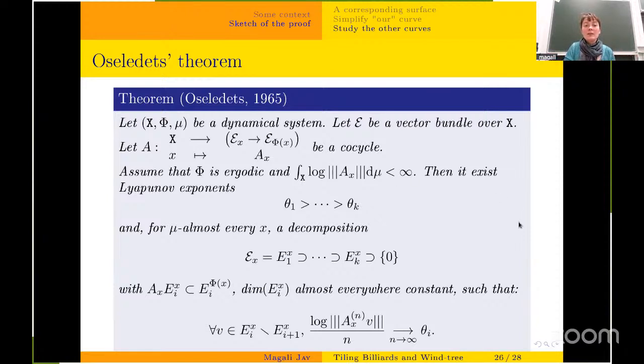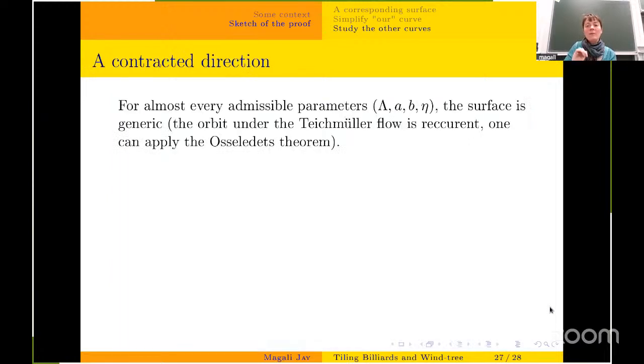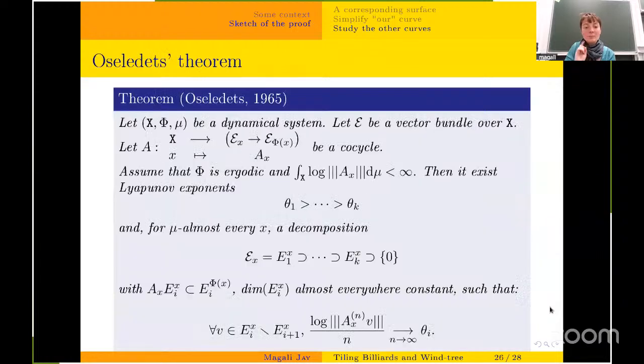And so this theorem tells us that this direction we were looking for exists. This is the direction in the contracted direction. Okay, so we found this direction, but the last thing I have to say is that here the theorem is for mu almost every x, meaning for almost every surface.